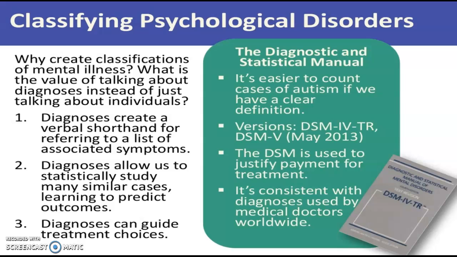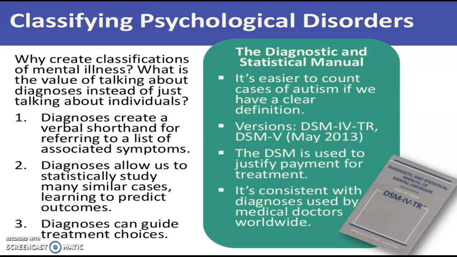So they already know what to expect when an individual goes to a therapist or goes to a doctor, and as part of their health history, they may list that they have been diagnosed with major depressive disorder.